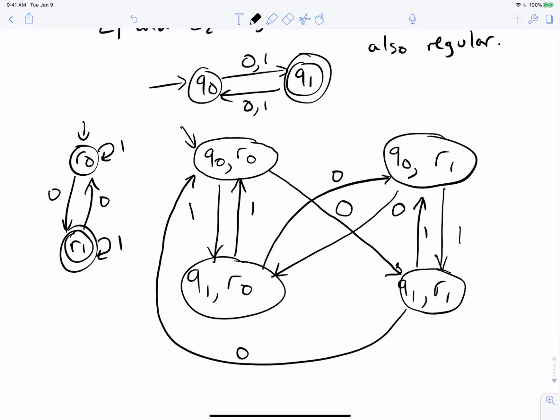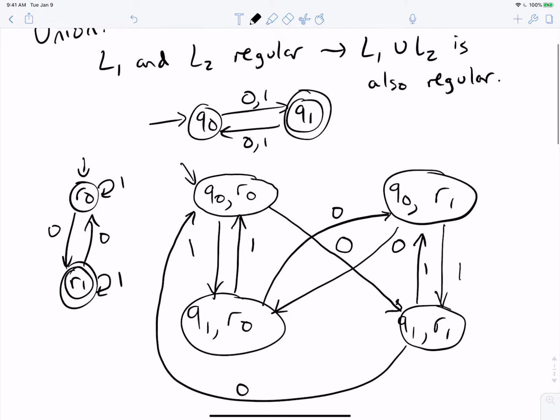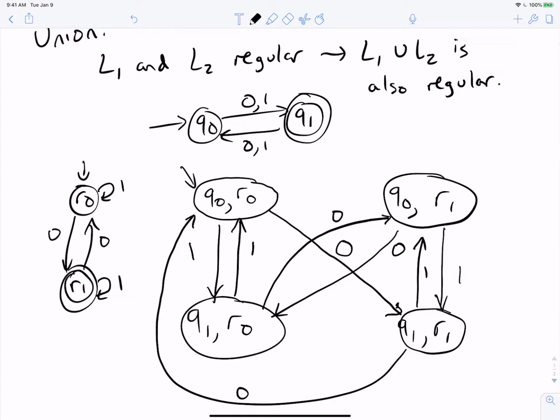So let's look at this machine right now. Are there any final states? No. So which ones should be the final states? Q0 and R0. Oh, let's see. So we're doing union right here.